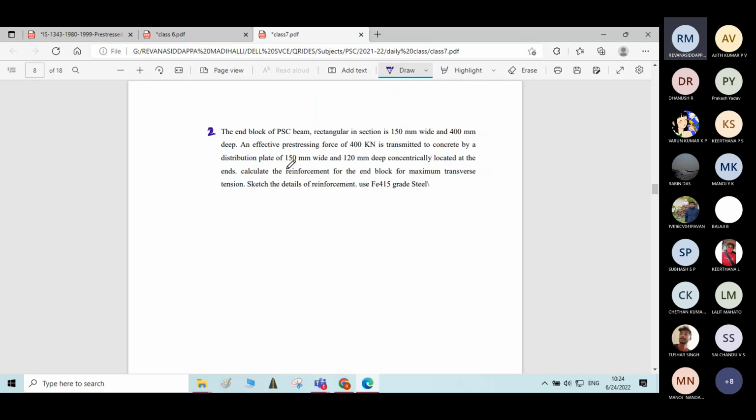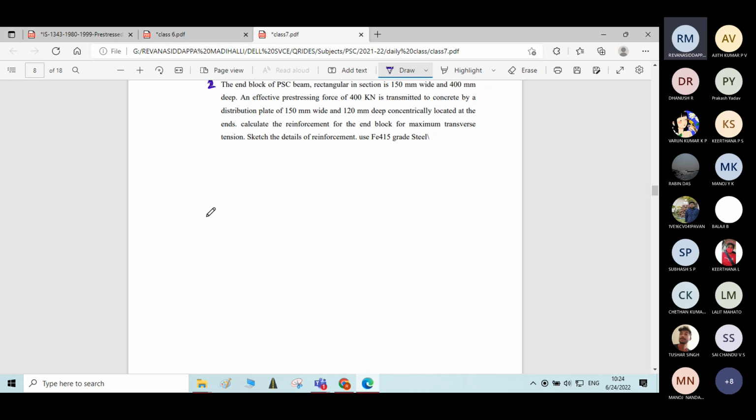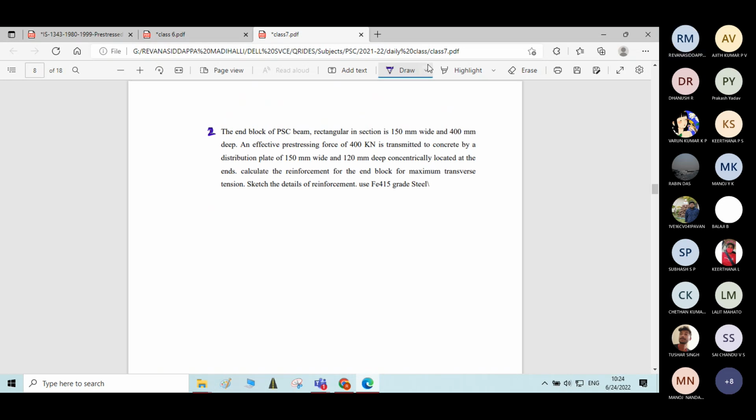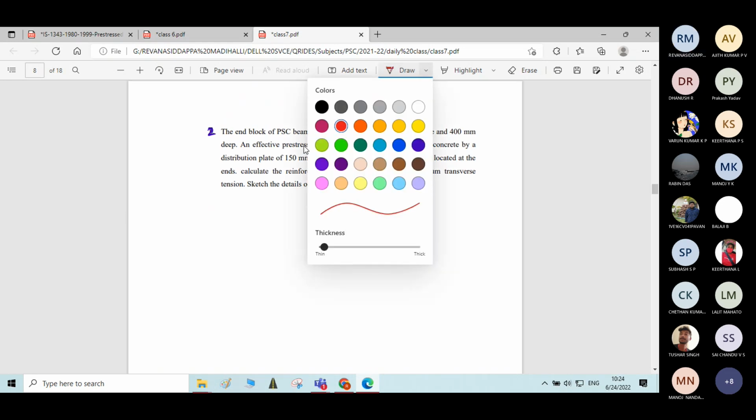Go through it. The end block of a PSC beam, rectangular in section, 150 mm wide and 400 mm deep. An effective pre-stressing force of 400 kN is transmitted to concrete by a distribution plate of 150 mm wide by 120 mm deep, concentrically located at the ends. Let me draw the diagram for this. It is a rectangular beam. Solution.